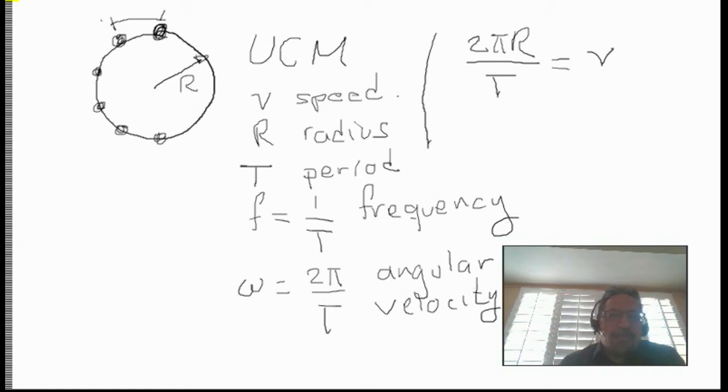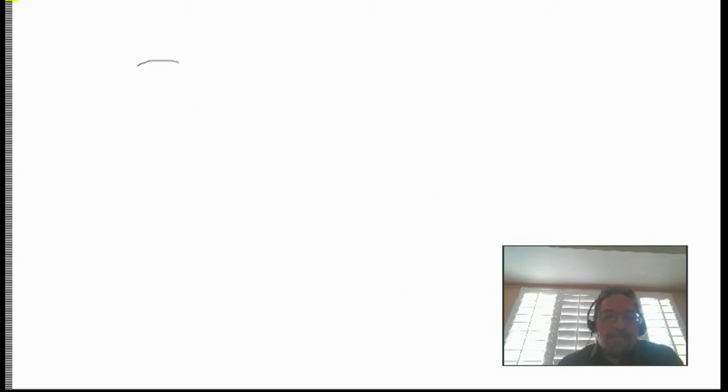So that's a very simple relation that you should be able to figure out on the spot or as needed. Okay, so now let us find out the very important relation of these quantities to dynamics. So let's draw our circle again.